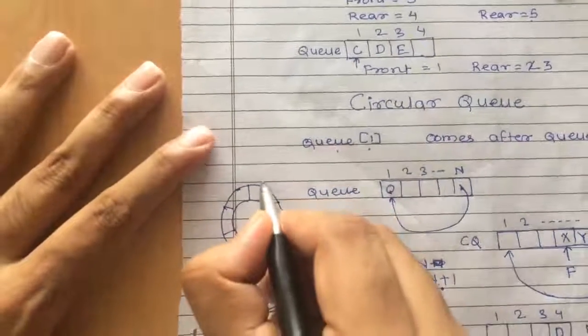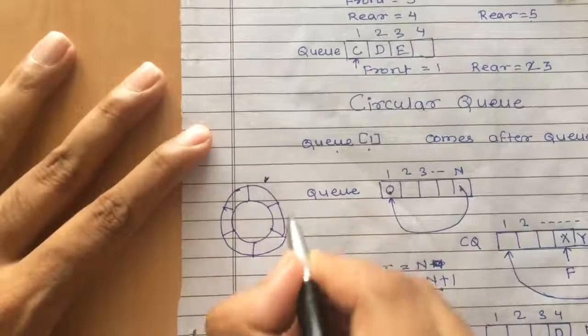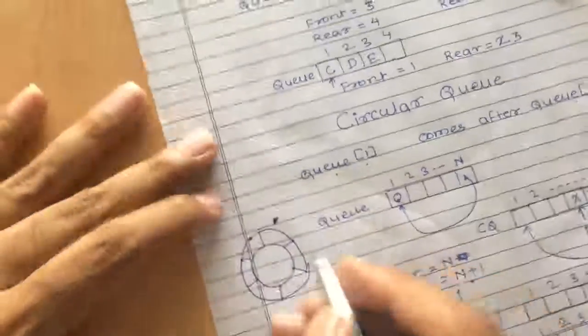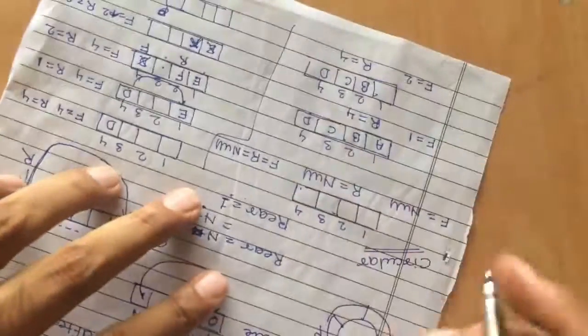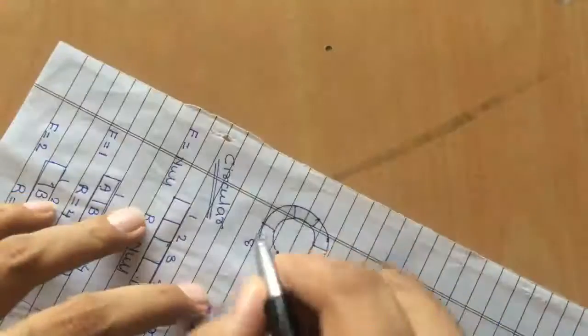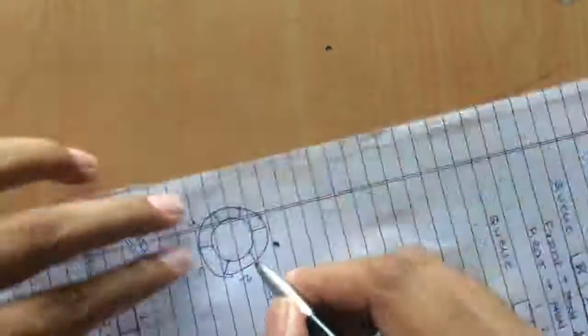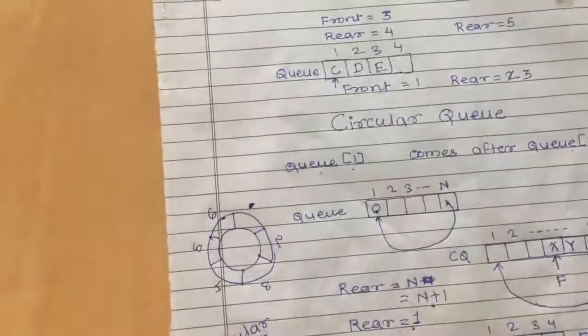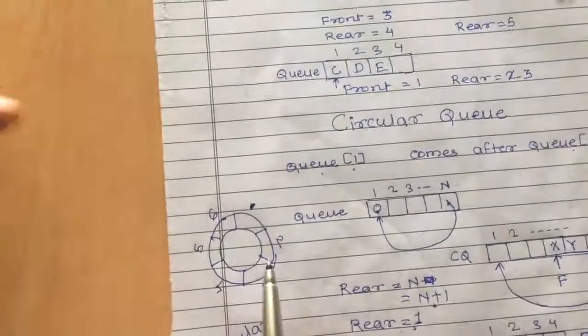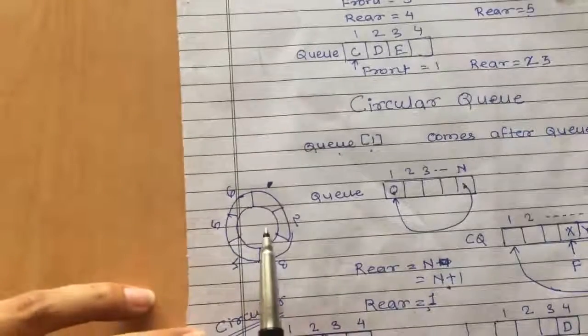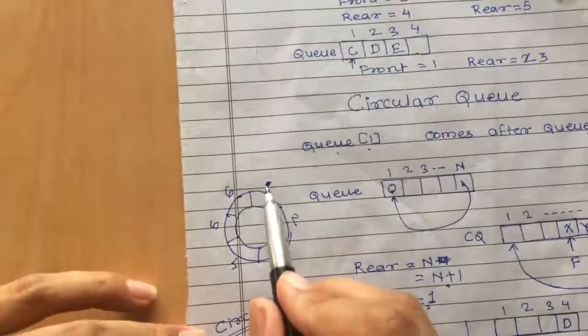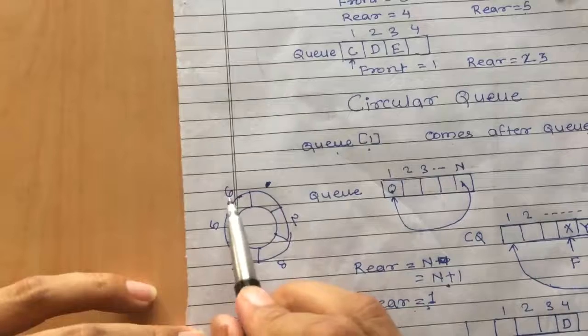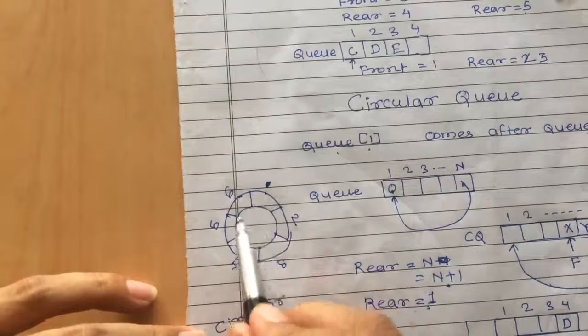So this is the first location, then this is the second, third, fourth, fifth and sixth. Okay, so in some books you will get such a picture for circular queue. So 1, 2, 3, 4, 5, 6, and after 6 again 1 is there. So this is a circular queue.